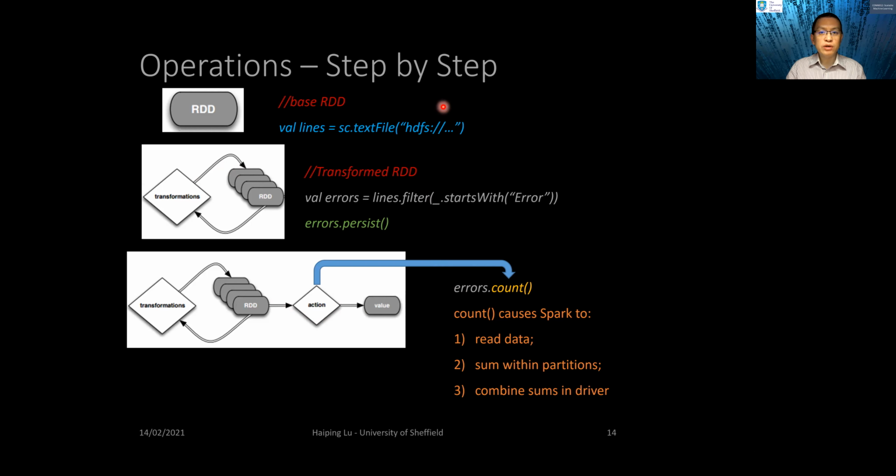So this action will cause the following executions. We can also put the transformation and action together, as this line shows. You can write all this as one line, very compact.